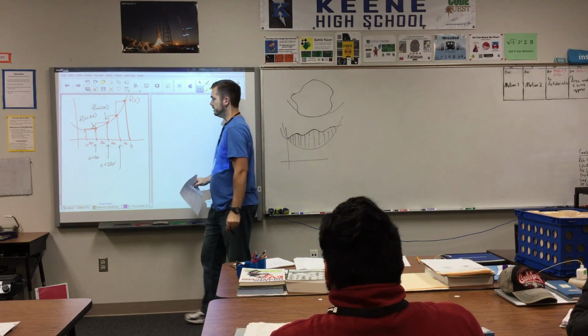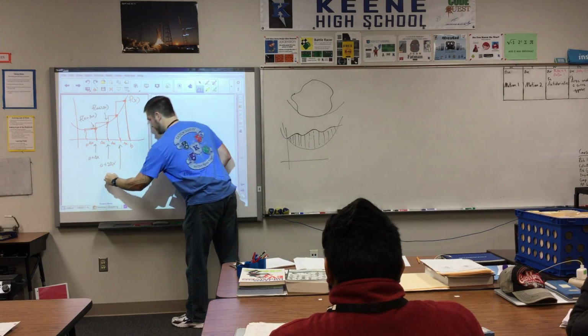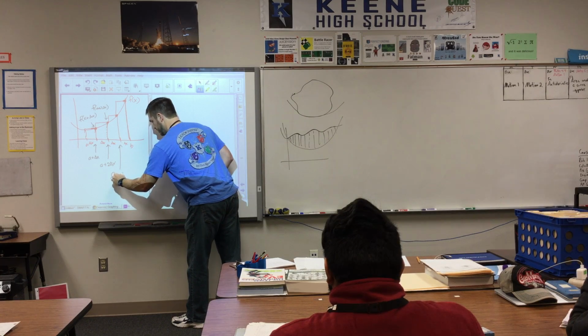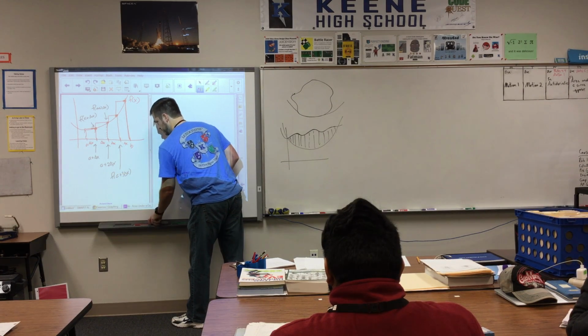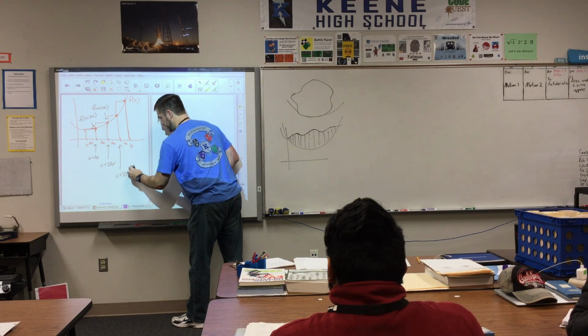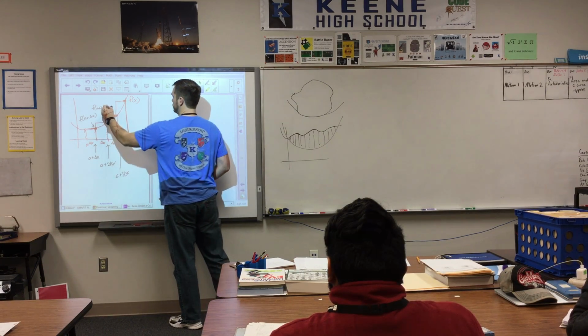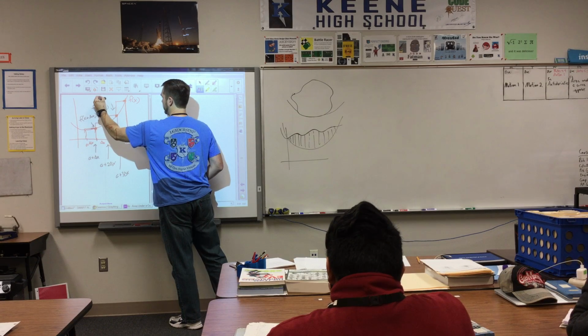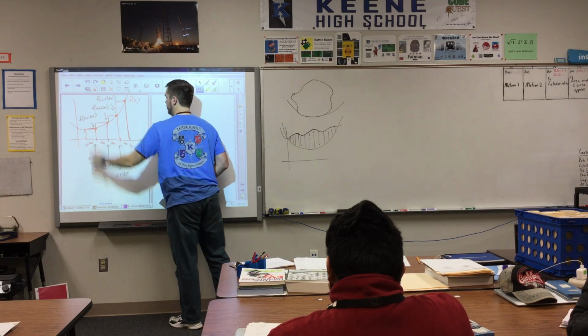And this x value right here? A plus 3 delta x. And its y value would be f of a plus 3 delta x.